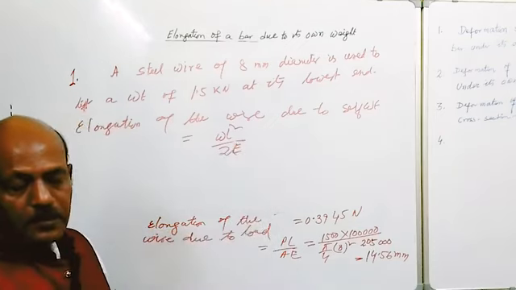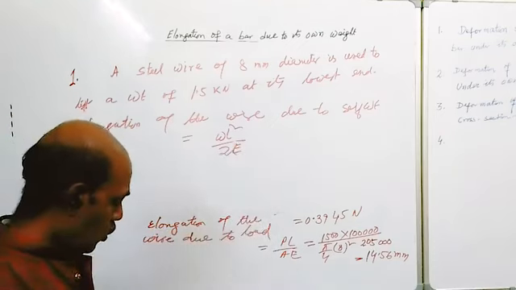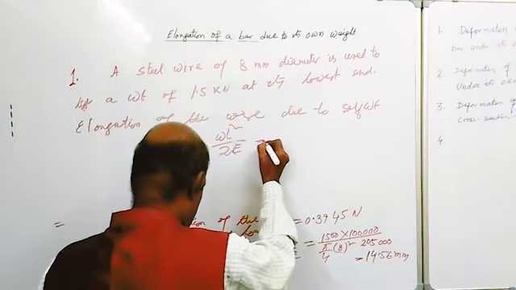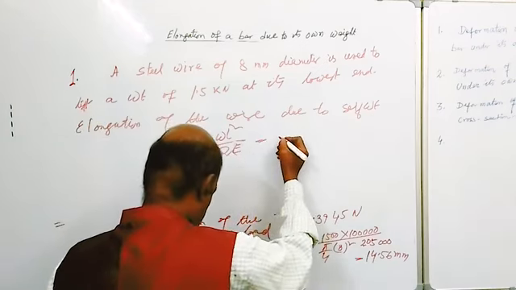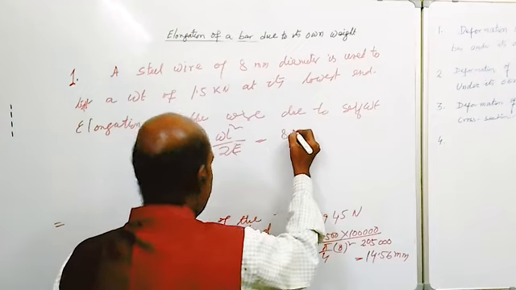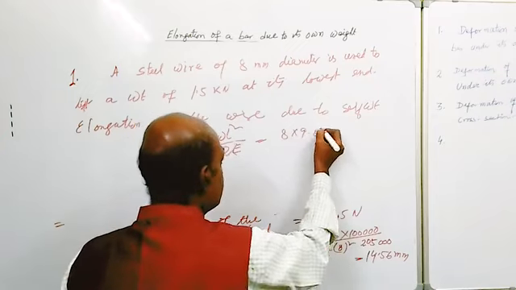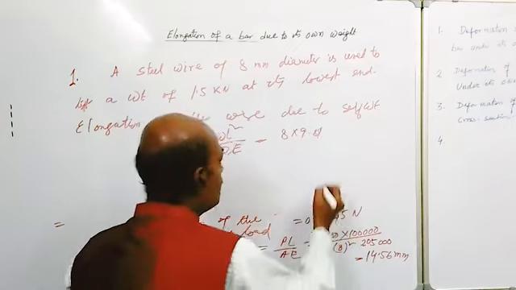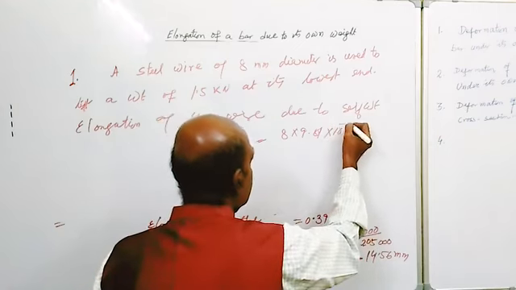So we have seen in the derivation, WL square by 2E is equal to, what is the w value? Small w is 8 into 9.81 into 10 to the power minus 6.